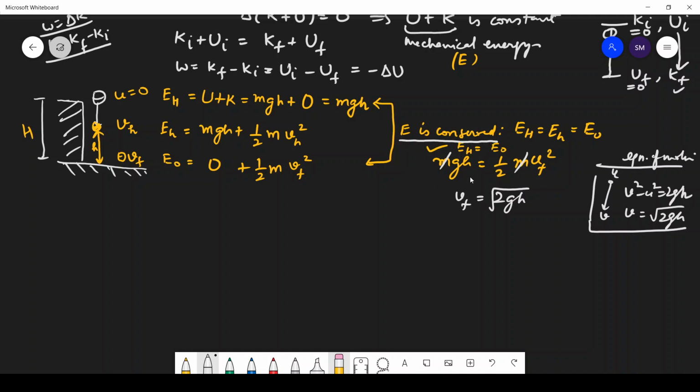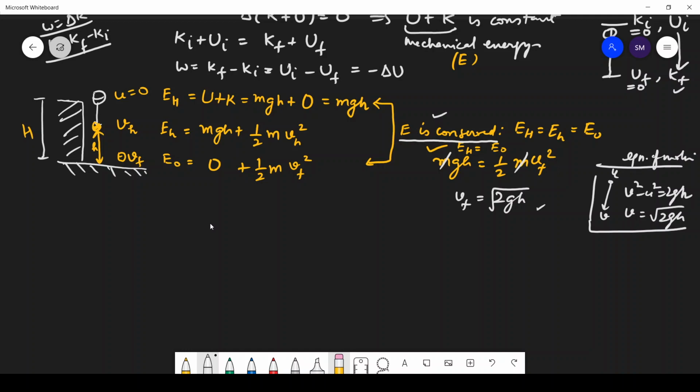Not even assuming, but that's the truth, that mechanical energy is conserved in case of conservative force. And we have applied it and seen the relation we have got, the same relation as we get from the equation of motion. Okay?